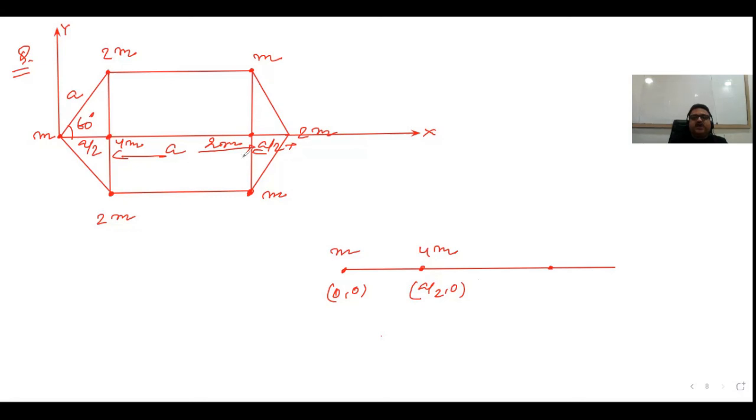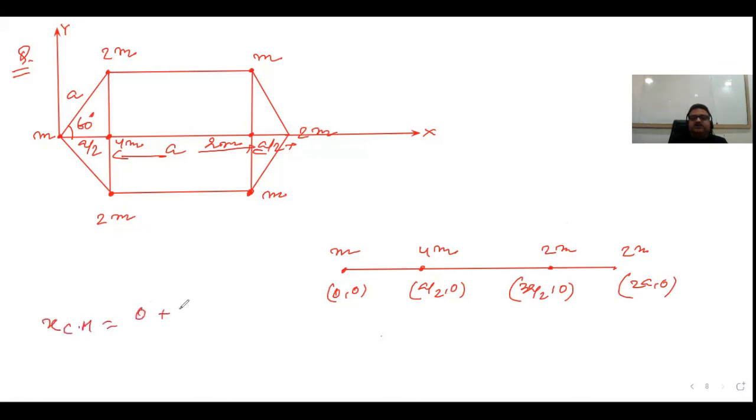It is 2m, which is placed at 3A by 2, comma 0, and this is 2m, which is placed at the coordinate 2A, comma 0.